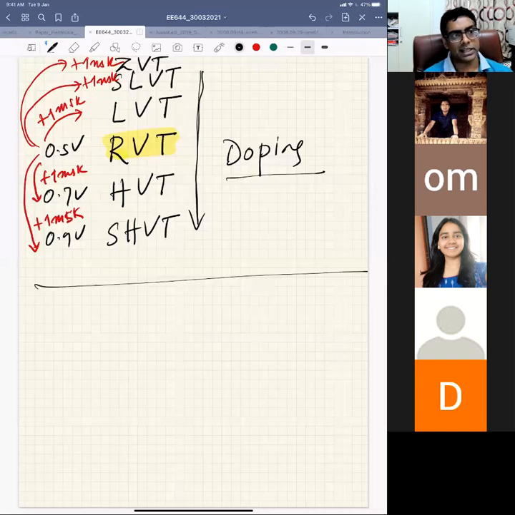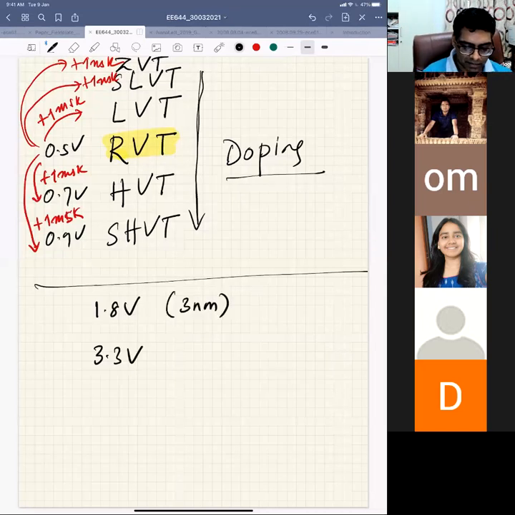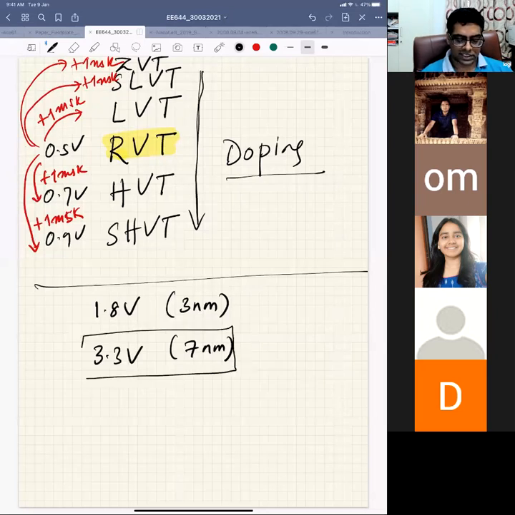In 180 nanometer technology also, we have two oxide flavors, 1.8 volt and 3.3 volt. Actually every technology provides you two oxide thicknesses. In the 180 nanometer case, this is 3 nanometer and this is 7 nanometer. This is typically because you use these 3.3 volt transistors to design input output devices, because input output devices should be able to handle more voltages.